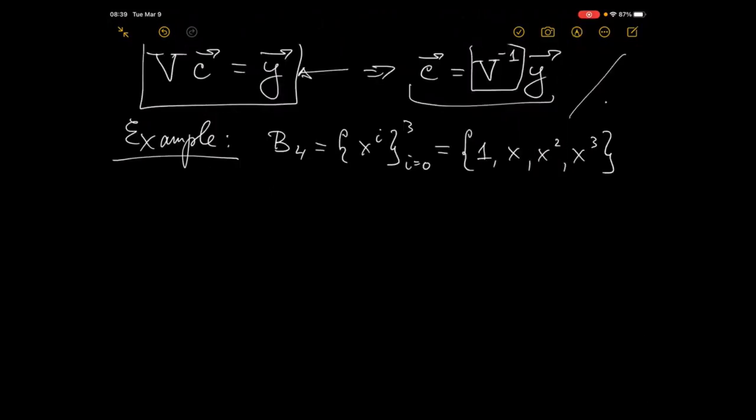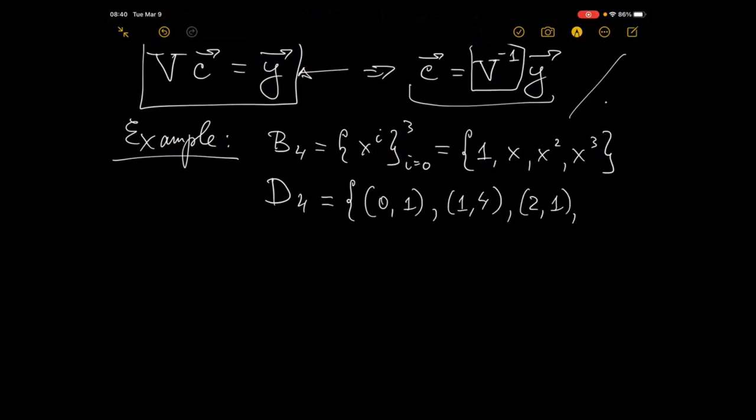And let us consider the following set of points: (0, 1), (1, 4), (2, 1), (3, 1). So 4 points, pay attention, and 4 vectors in the basis, right? 4 points.